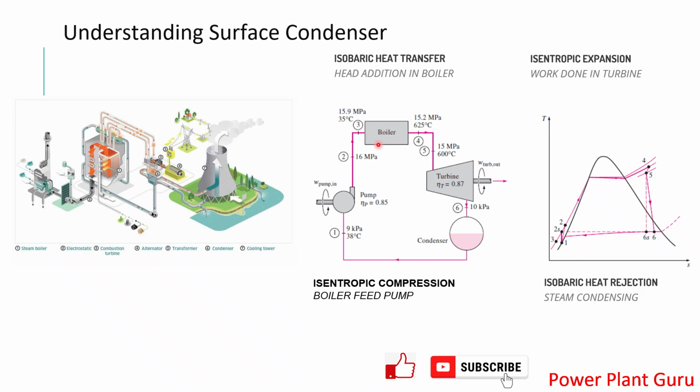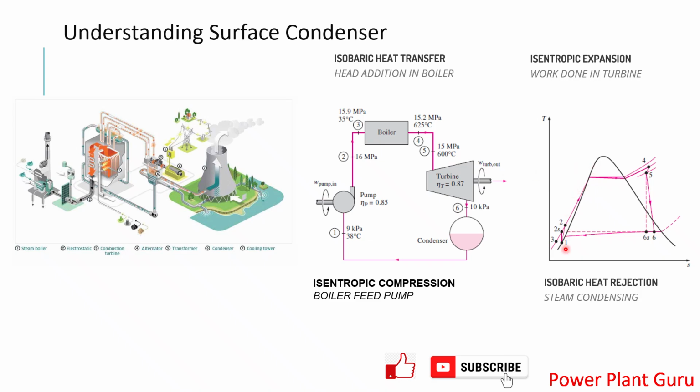So with the addition of fuel, heat, the steam is generated, then steam is pushed into the turbine, gives the work done, and then there is low quality, low enthalpy steam, which is again converted in the condenser, and then you can send it back to the boiler feed pump. Similarly, it is on the TS cycle also.